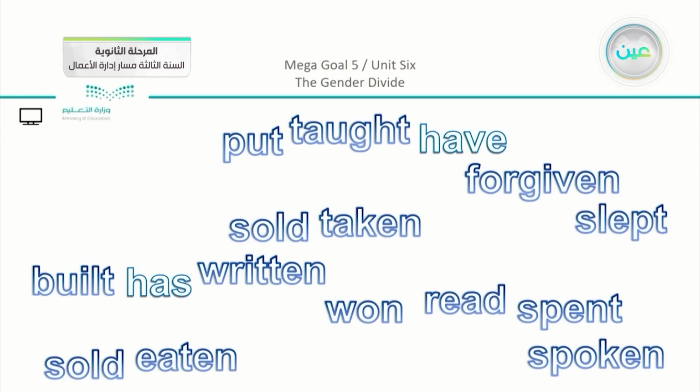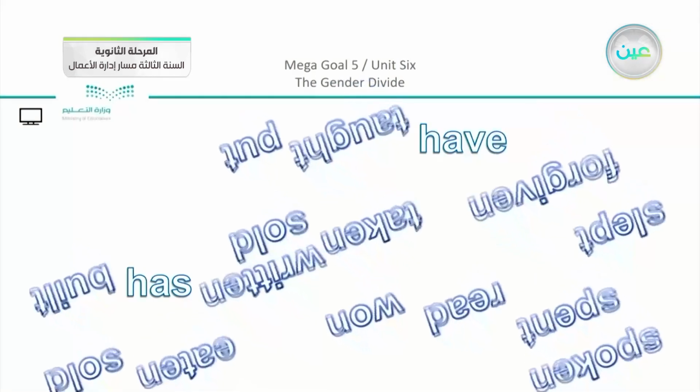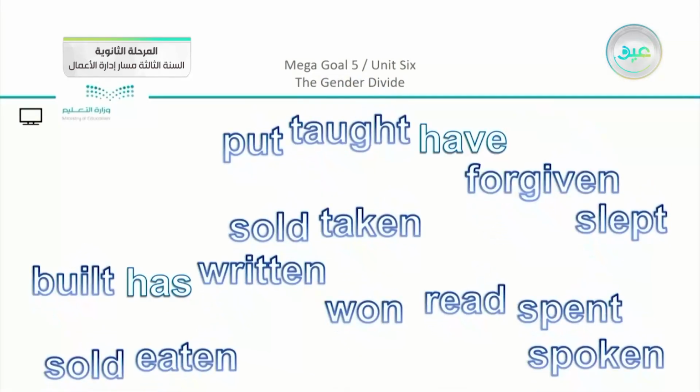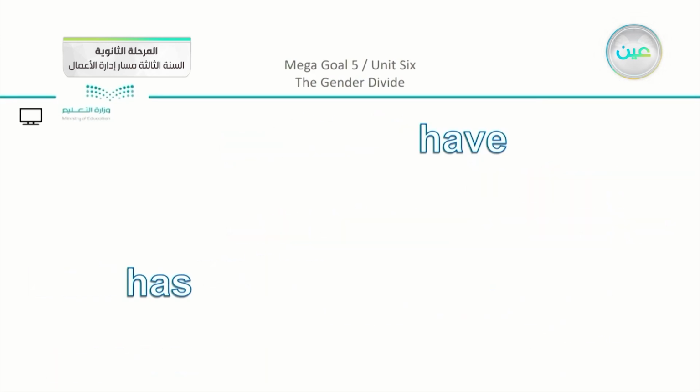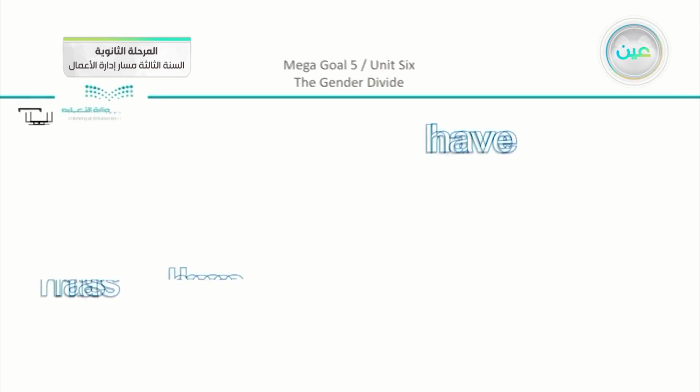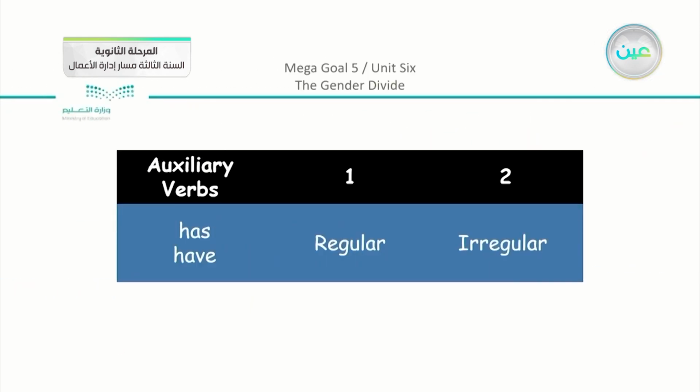These irregular verbs like taught, forgiven, read, won, eaten, have the whole form of the verb changing. And we have these two, which are has and have, that are auxiliary verbs, or we can say helping verbs. So basically, we have the auxiliary verbs, we have the regular, and we have the irregular verbs here.